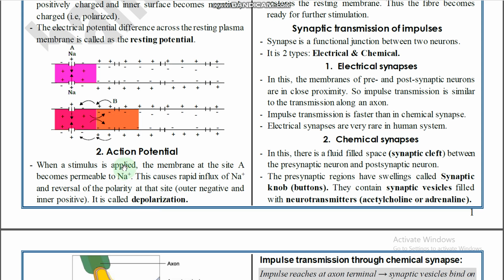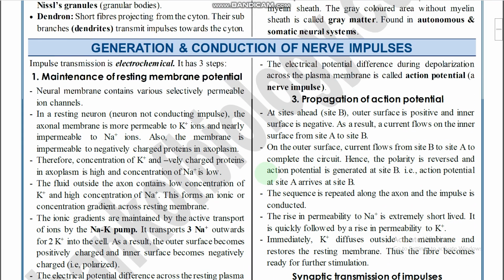And depolarization takes place in the action potential only. By what process does depolarization occur? By the influx of sodium from outer to inner. Clear? Right.